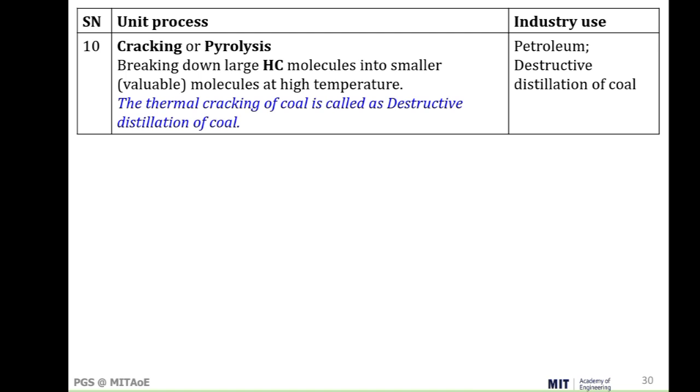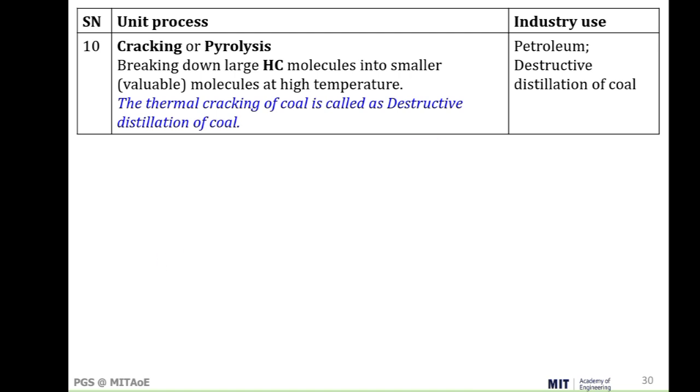Thermal cracking of coal is also called destructive distillation of coal. In the process where coal is converted into liquid fuels, thermal cracking is carried out, and this is called the destructive distillation process. Basically these processes take place at high temperature in the absence of oxygen.